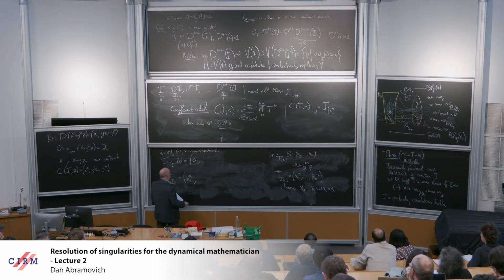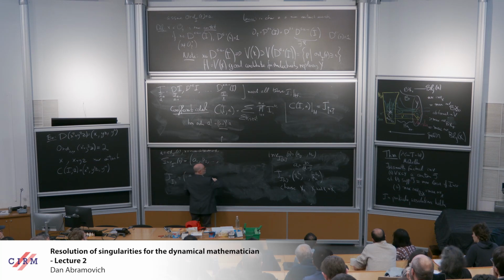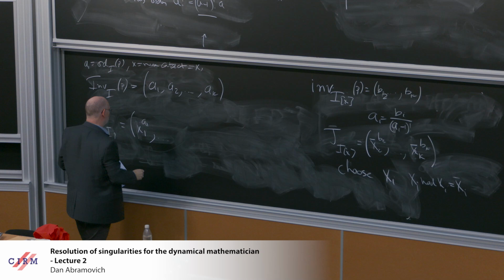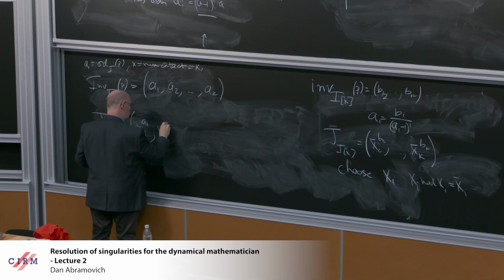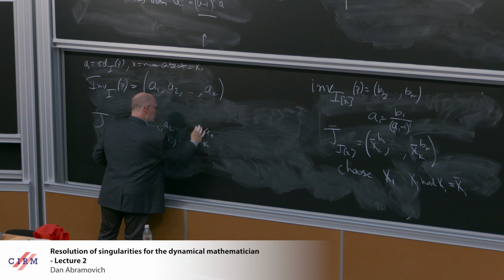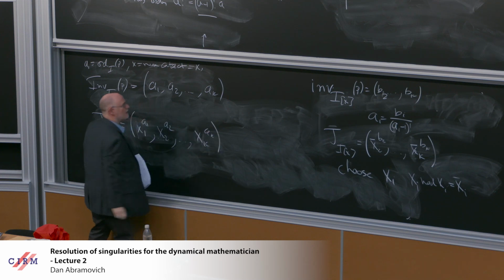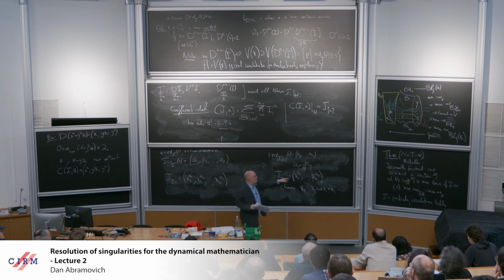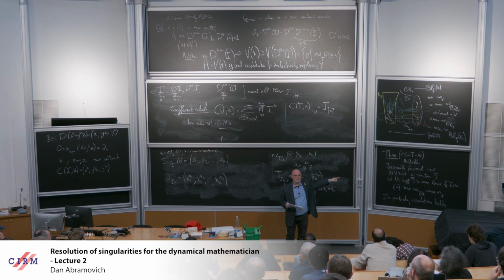So now I can write, I define for you a2 through ak, and I define for you x2 through xk. And here's the invariant and center. And the claim is that this satisfies the theorem.